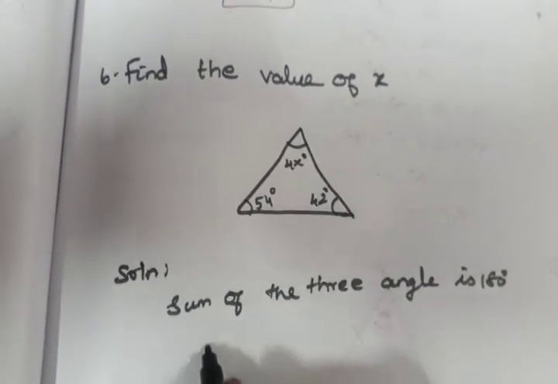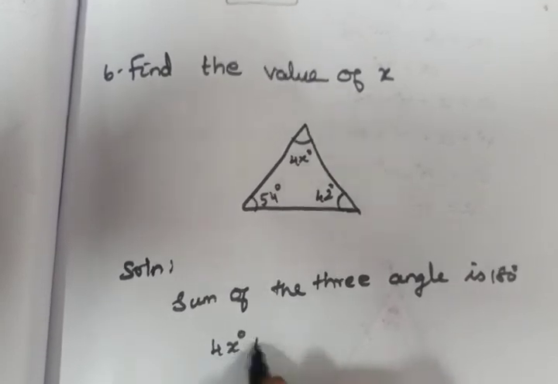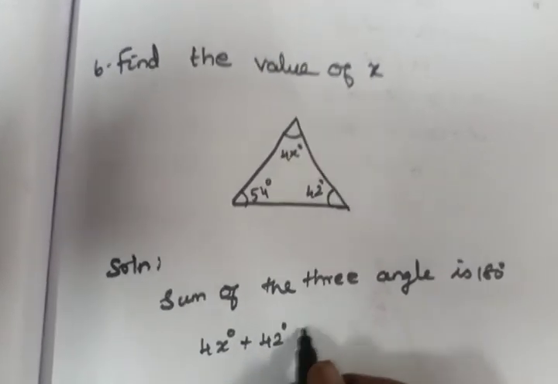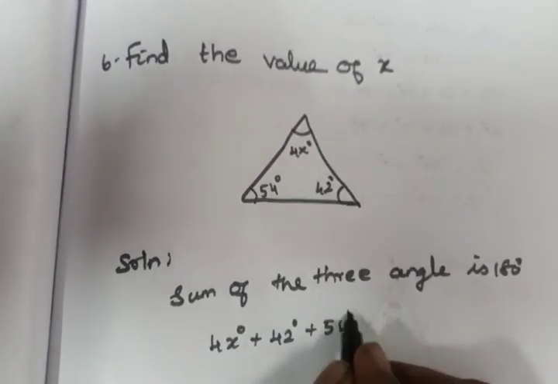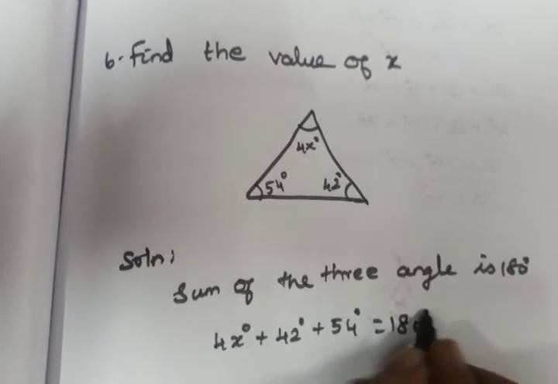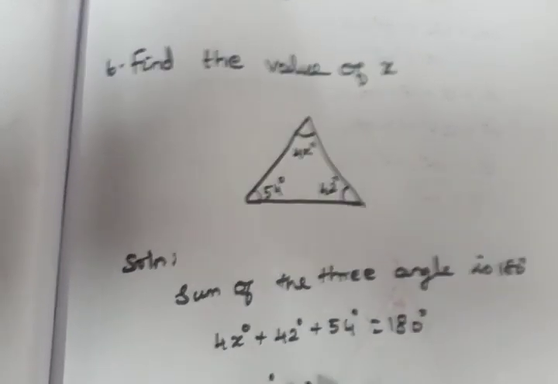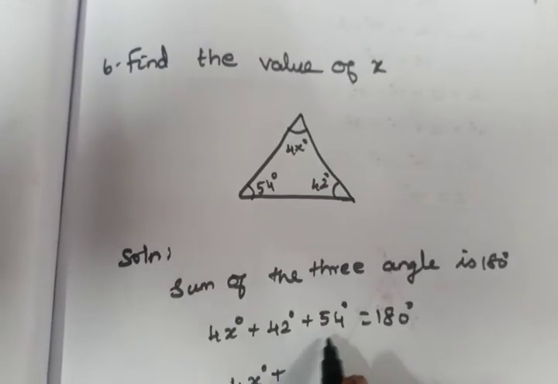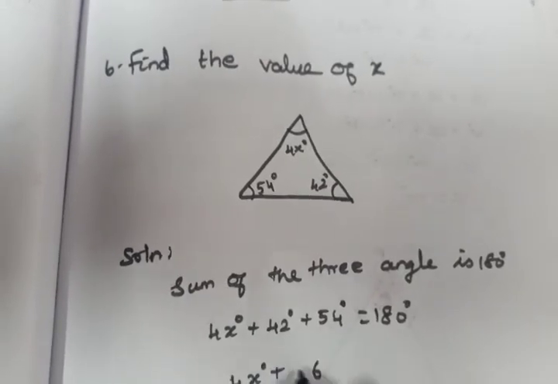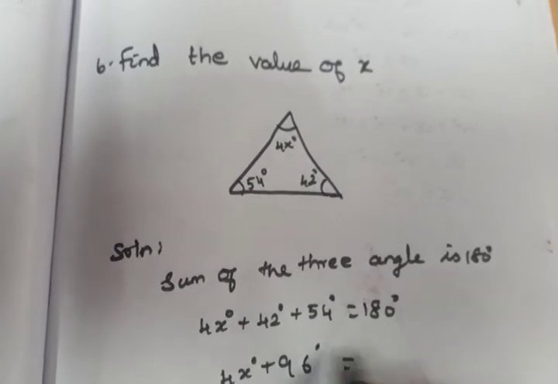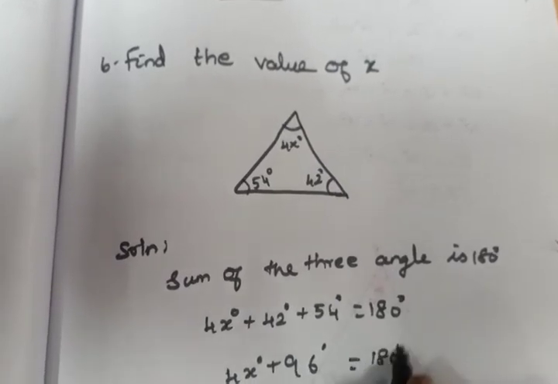So 4x degree plus 42 degree plus 54 degree equal to 180 degree. Then next, 4x degree plus 42 plus 54: 2 plus 4 is 6, 9, so 96 degree, equal to 180 degree.